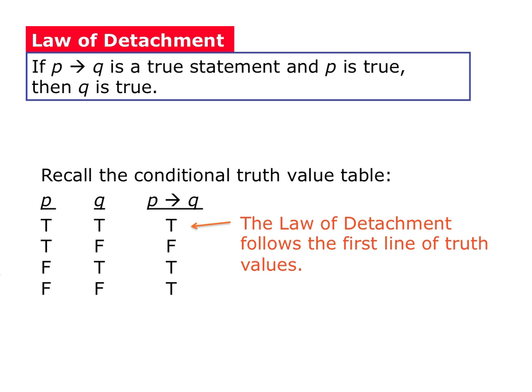And we said that that was a true statement because we couldn't get the hypothesis to make a counterexample. We couldn't get an example that way. So whenever the hypothesis is false, you can always get a true if-then. But if the hypothesis is true and the if-then is true, then the conclusion has to also be true. That's the law of detachment.